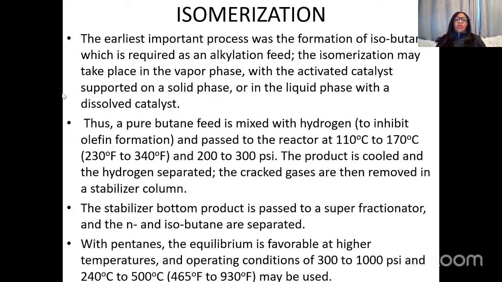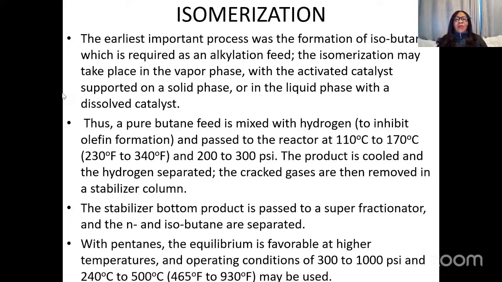The earliest important process was the formation of isobutane, which is required as an alkylation feed. The isomerization may take place in the vapor phase with activated catalyst supported on a solid phase, or it can take place in liquid phase with the catalyst dissolved in it.